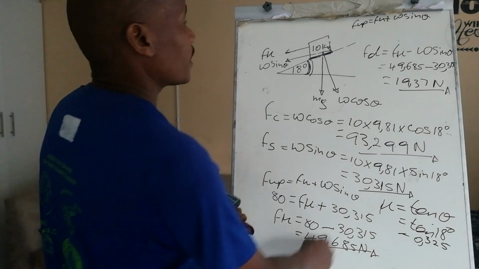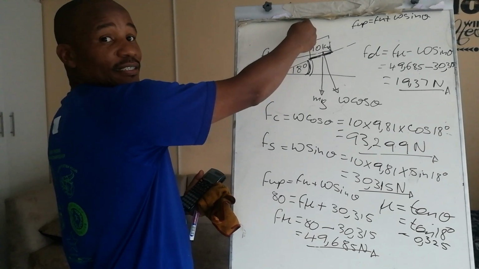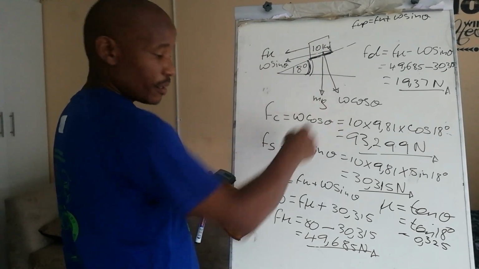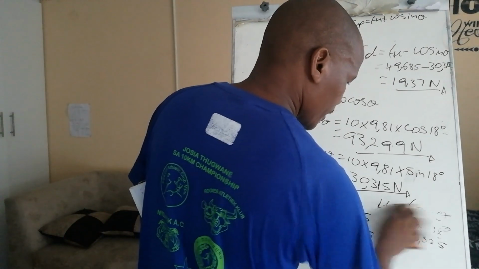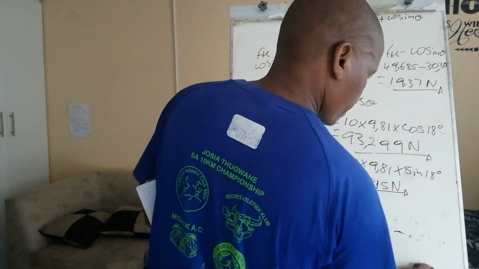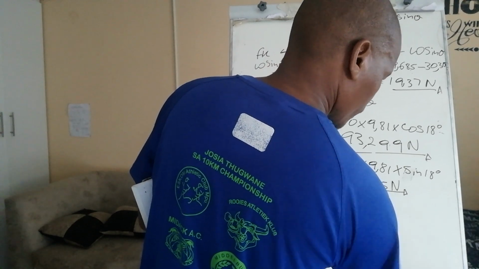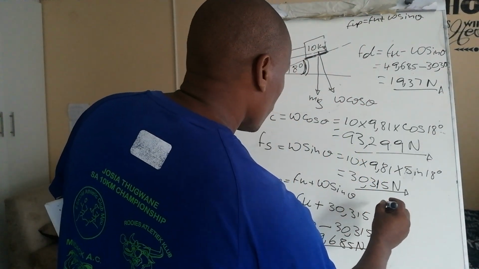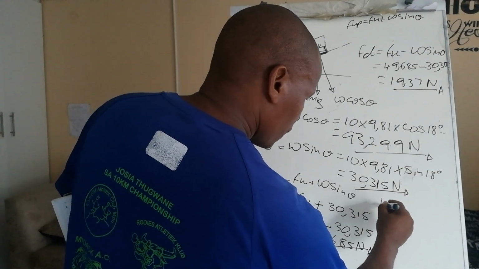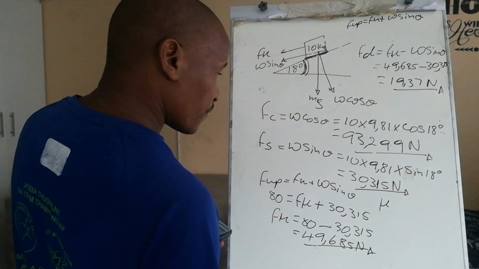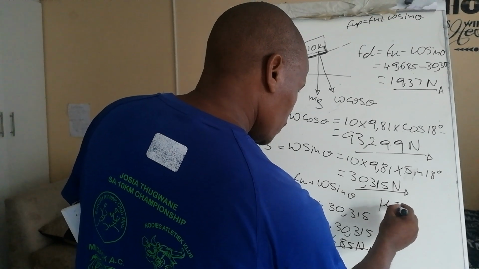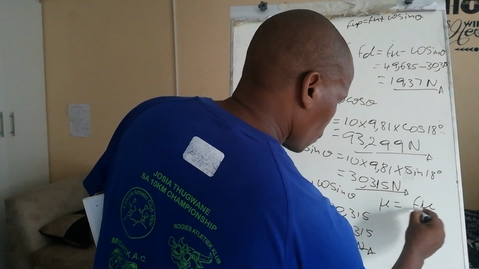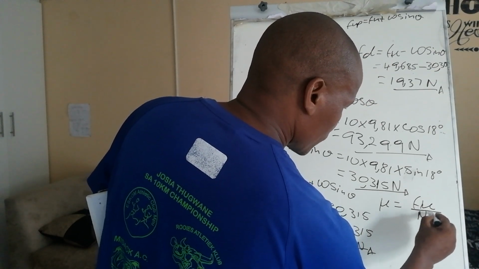I've also got the normal reaction, which is perpendicular to the plane. Let me just take it this way, just maths for interest's sake, guys. I will say the coefficient of friction is equal to the frictional force over normal reaction.